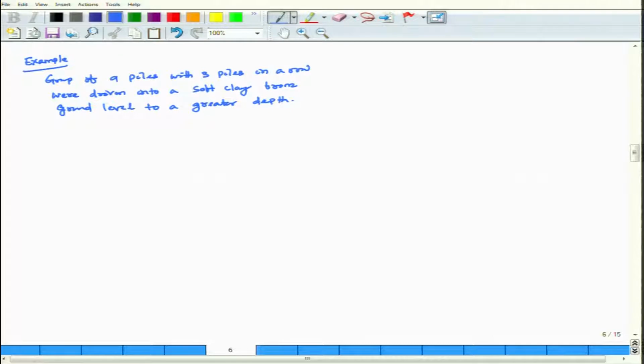The diameter and length of the piles were 30 centimeter and 10 meter. The unconfined compressive strength of clay is 70 kPa.